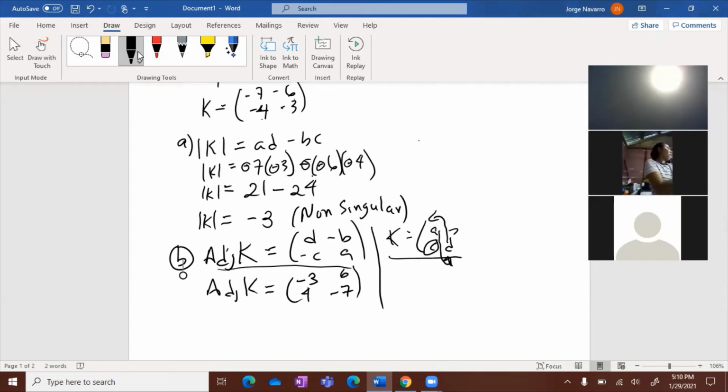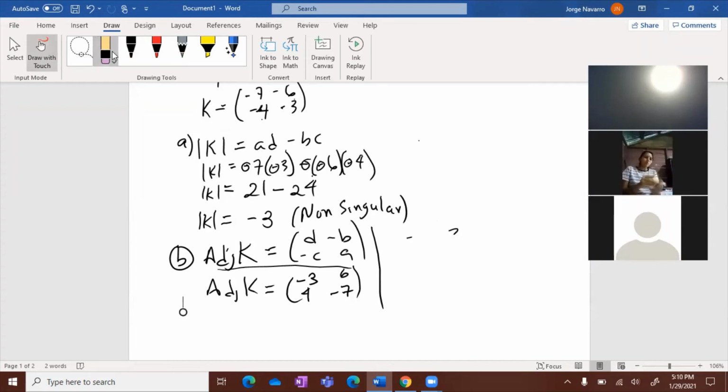Do you also have to change the A and the D themselves? No, they will remain the same, only the sign will change. Okay, excellent.